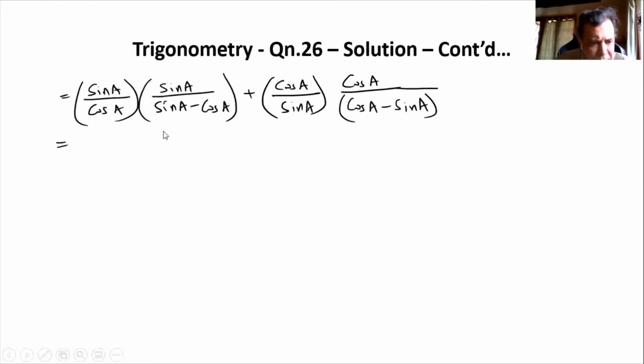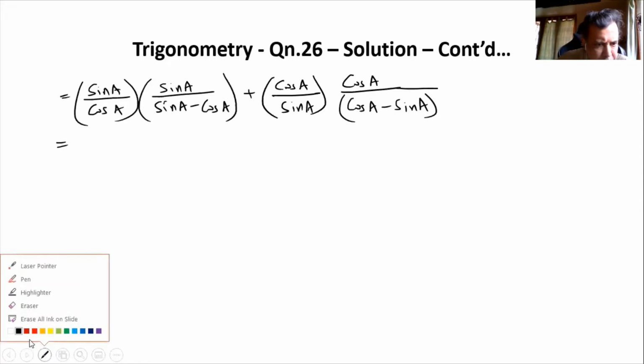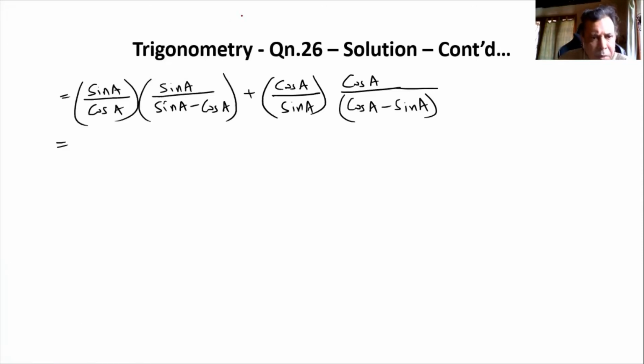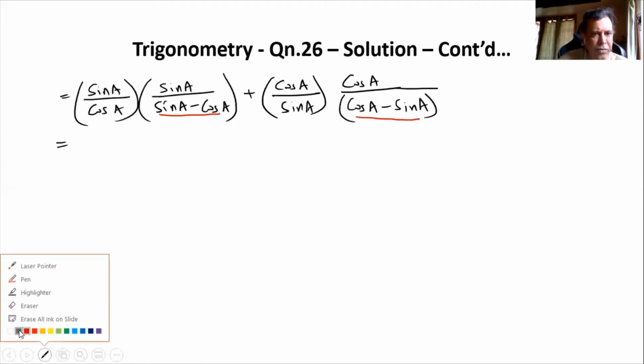So if you look into this term and this term, only the sign is changed. That means if I want to bring it to the same style, then I should take the negative sign outside. So I can bring this negative sign outside so that I can write this as sine A minus cos A. That's what we are going to do in the next step.